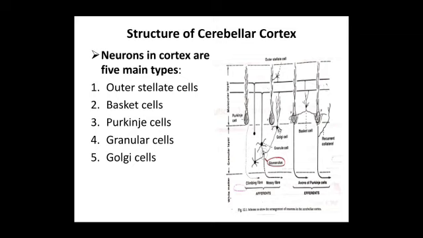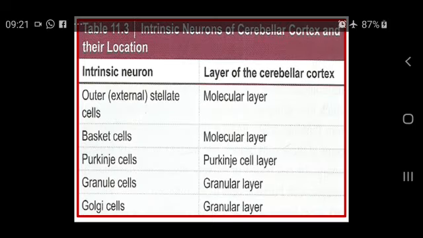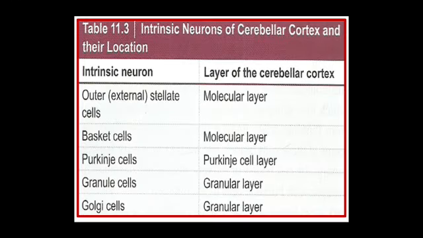The middle or Purkinje layer contains the Purkinje cells, and the inner granular layer contains the granule cells and Golgi cells. Both the stellate and basket cells are present in the molecular layer, Purkinje cells in the Purkinje cell layer, and granule and Golgi cells both in the granular layer.